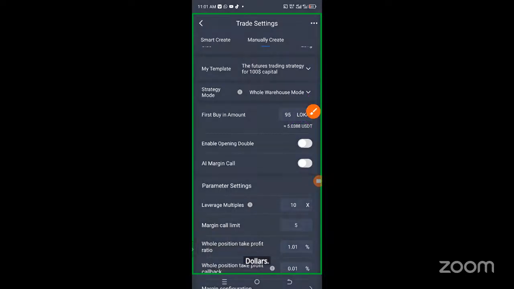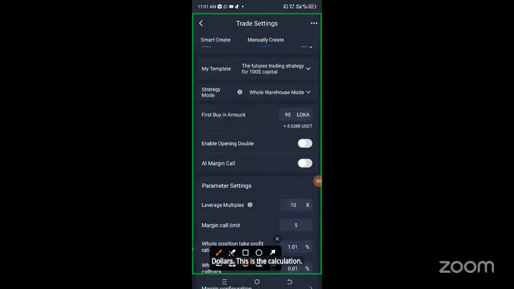This is the calculation. Here they are telling us that $5 is equal to 95 coins of local. What about $1? How many coins can $1 buy?